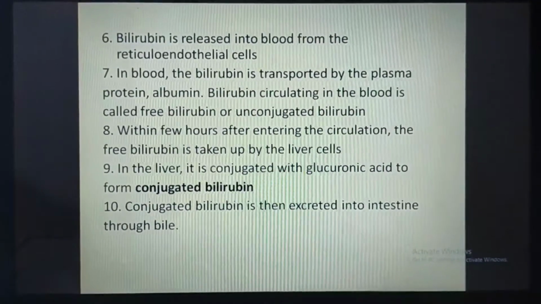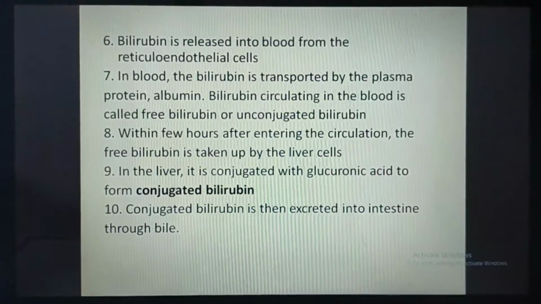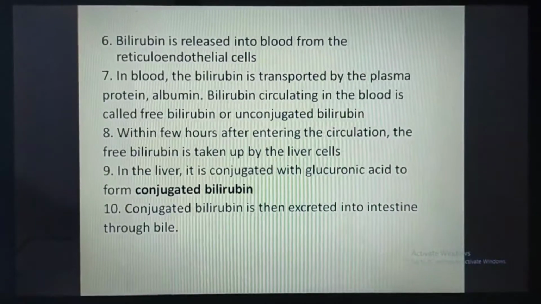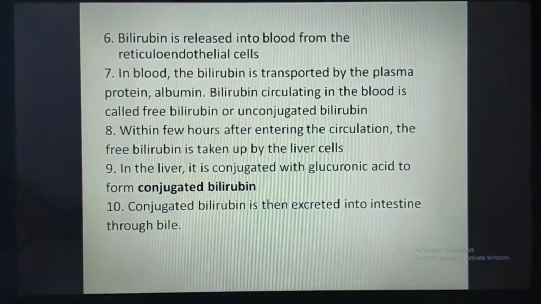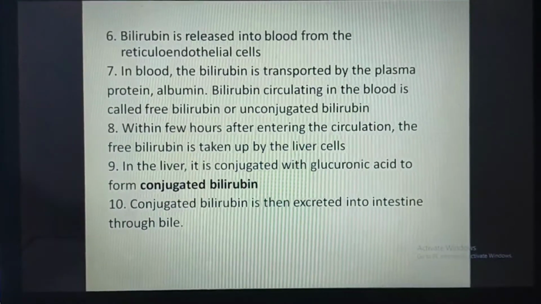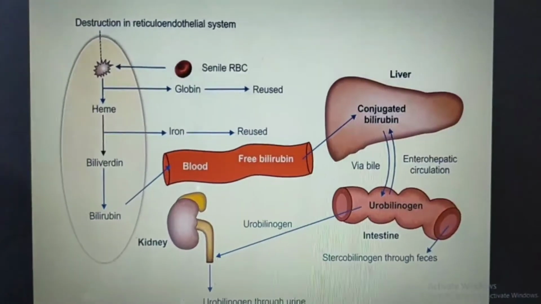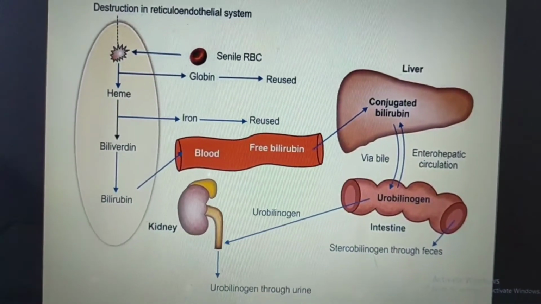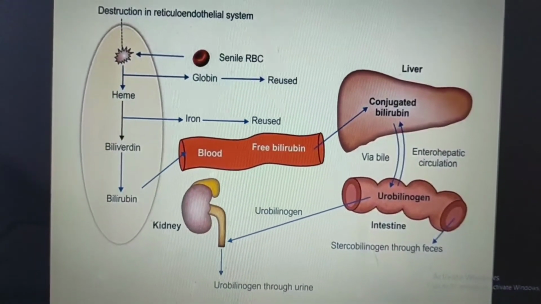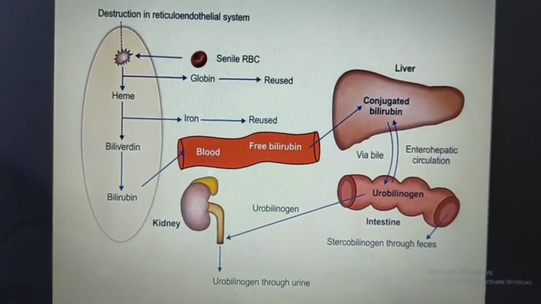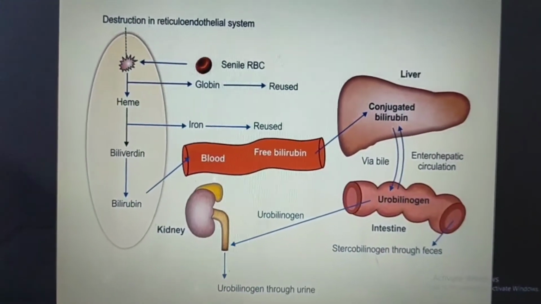In the liver cells, it is conjugated with glucuronic acid to form the conjugated bilirubin. And conjugated bilirubin is then excreted into the intestine through the bile. So in this figure, the whole process can be described.